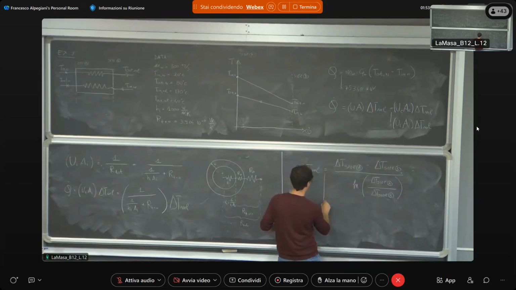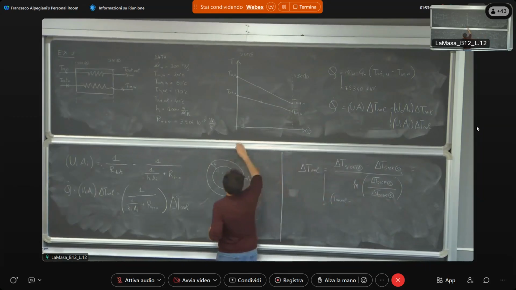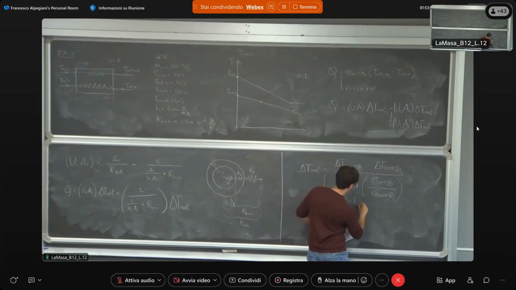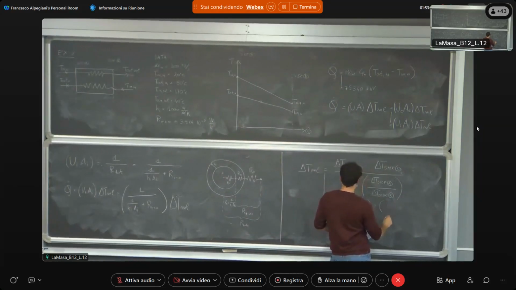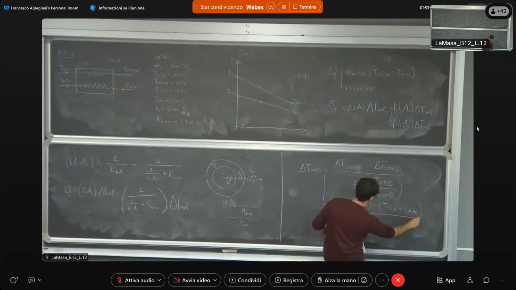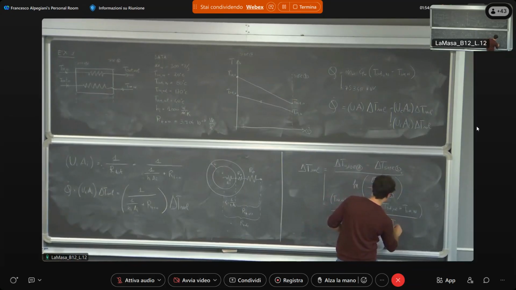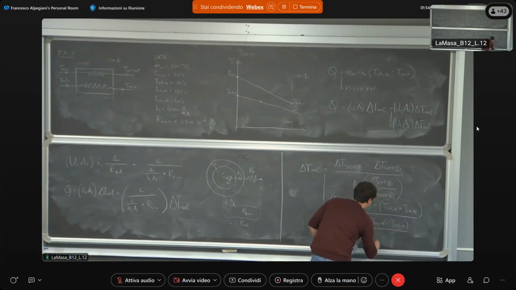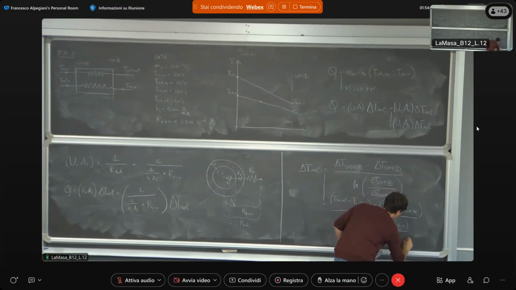So, in other words, this is equal to T in oil minus T out water, minus T out of the oil minus T in of the water, all divided by the logarithm of T in of the oil minus T out of the water, all divided by T out of the oil minus T in of the water.